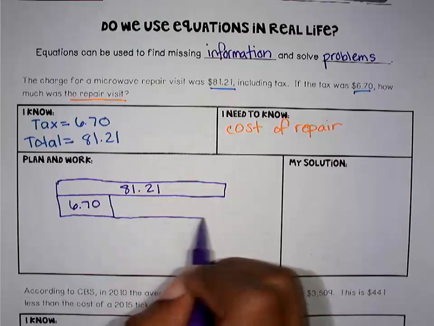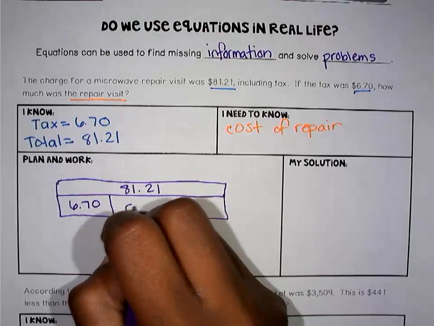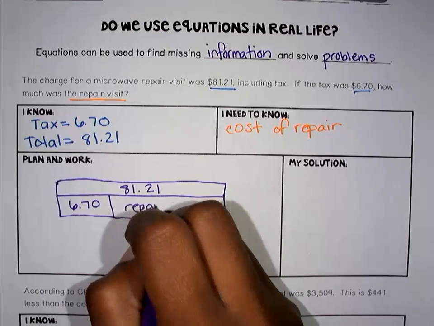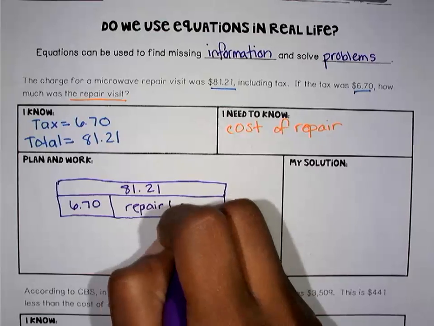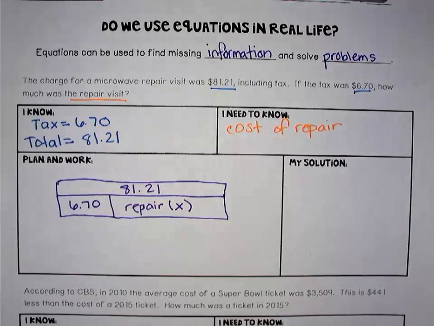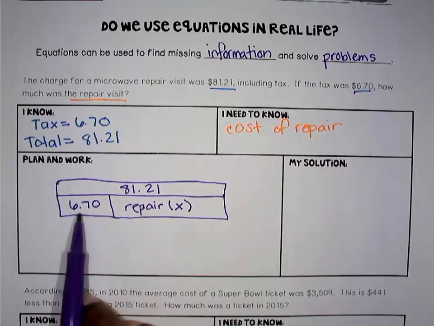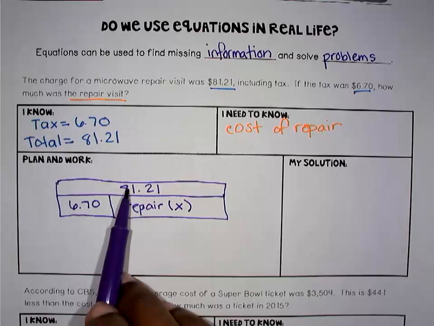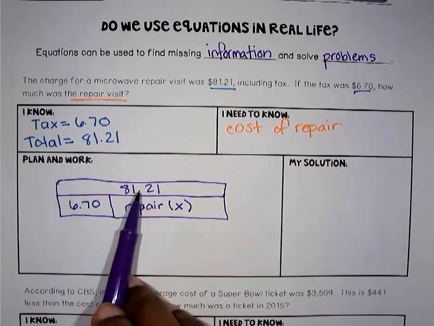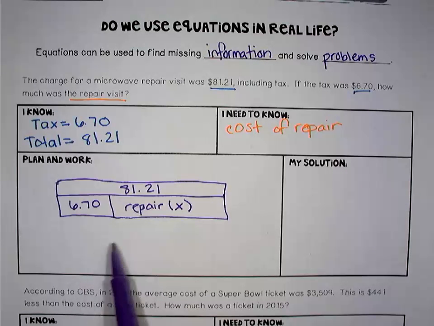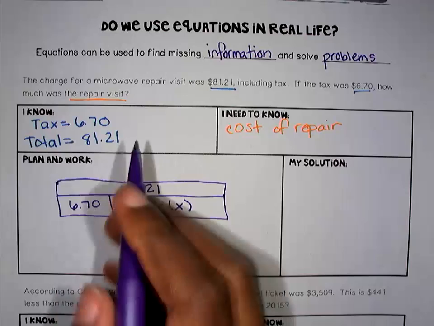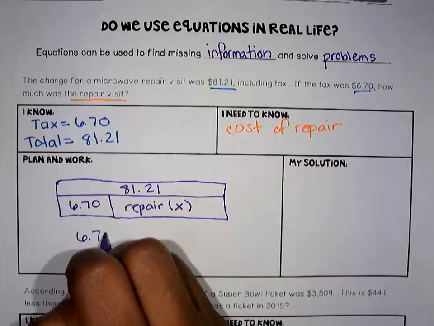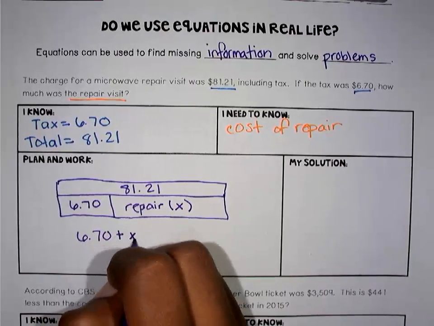Right here is the repair, which is represented by X. We don't know how much it costs, but we know that the tax was $6.70 and the total was $81.21.